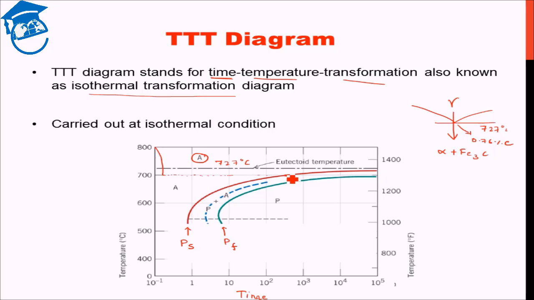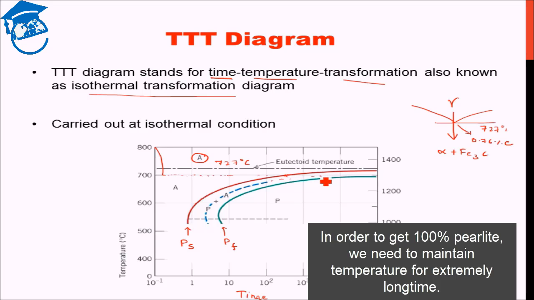Beyond that, let's say we are over here at almost 5000 seconds. We have attained only about 50% pearlite. So even at this location, we are 50% pearlite and 50% austenite. In order to get 100% pearlite at 700 degrees Celsius, we need to maintain the temperature for a really long time.